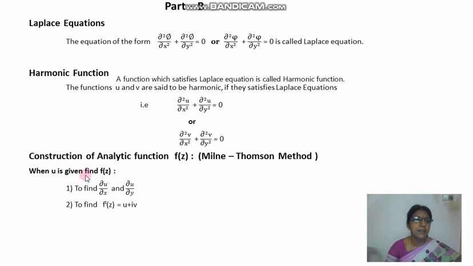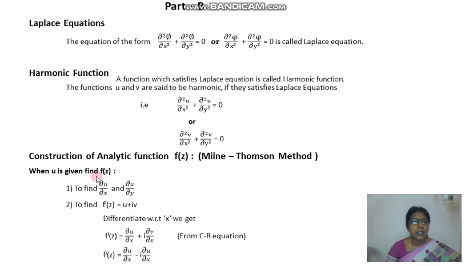When u is given, we are going to find f of z. That is the first part. Then, when v is given, construct the f of z. First, suppose u is given.